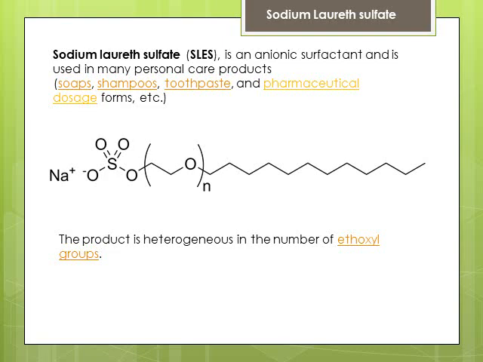We have the sulfate component at the left, the polyether in the middle, and on the right we have the dodecanol, which is a fatty alcohol, attached. This is a heterogeneous molecule, so the polyether chain could vary. So you have a mixture of these molecules.